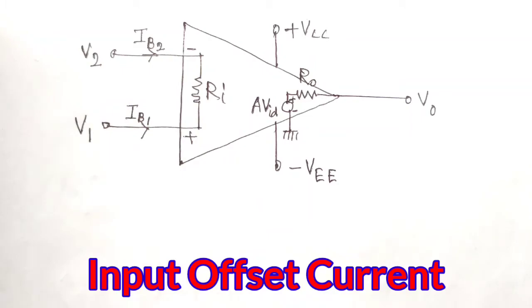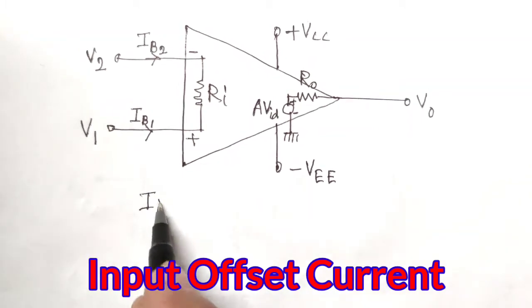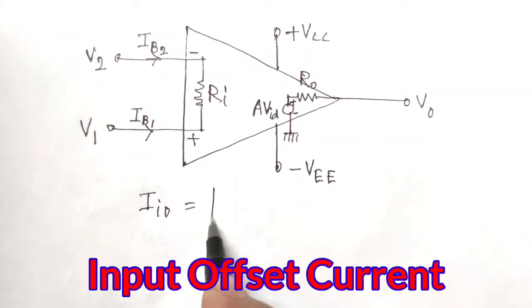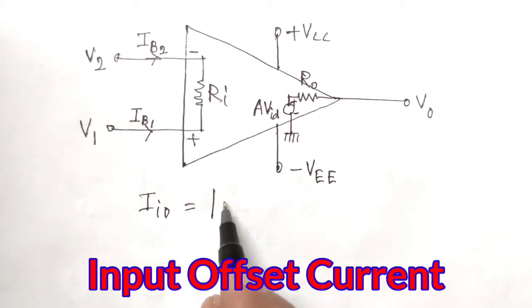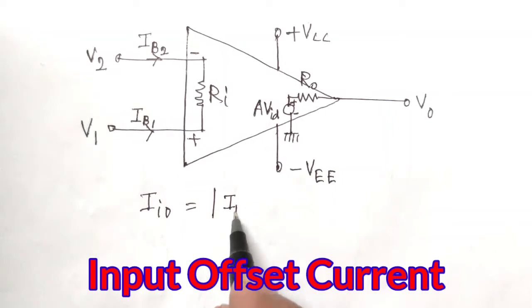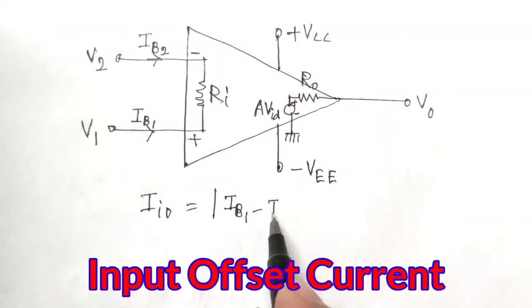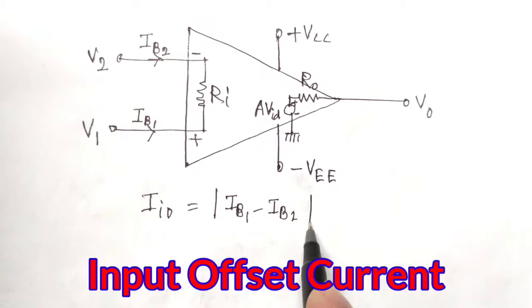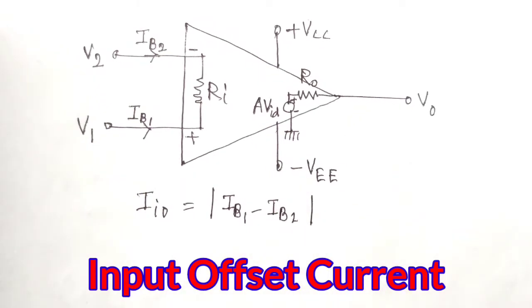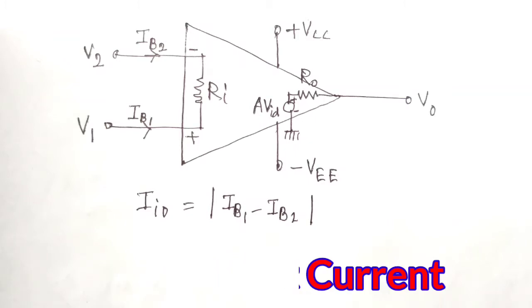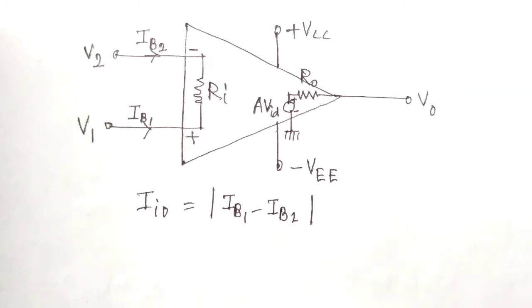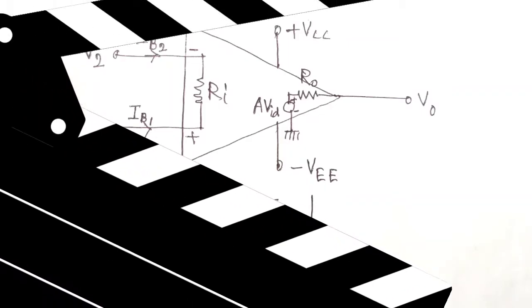Input offset current IIO is the algebraic difference of IB1 and IB2. The magnitude of this current is very small, of the order of 20 to 60 nanoampere for 741C.